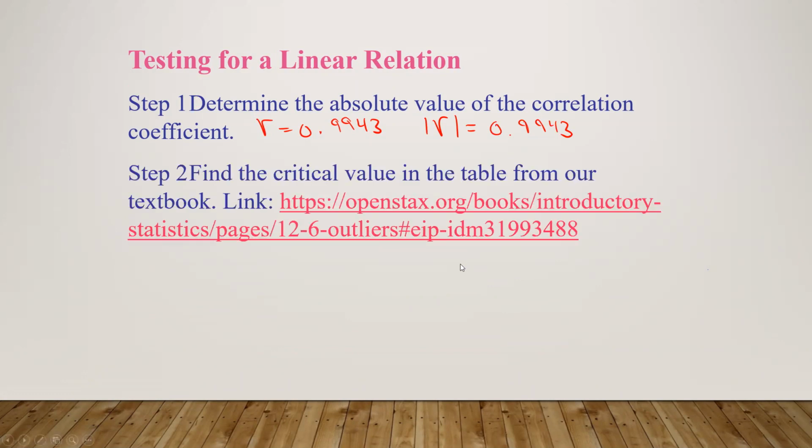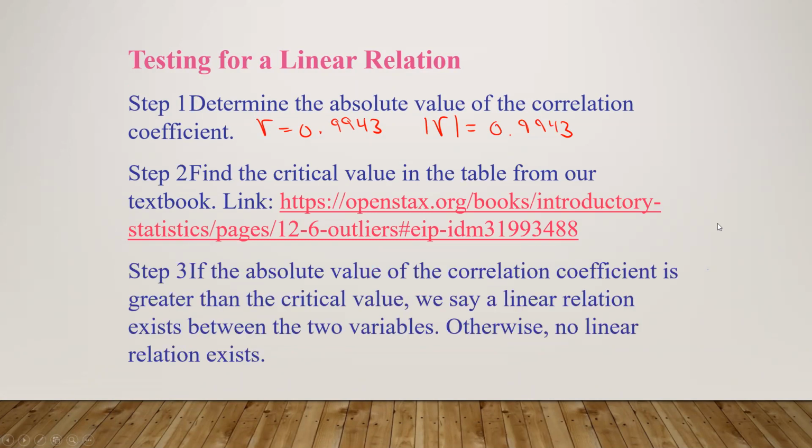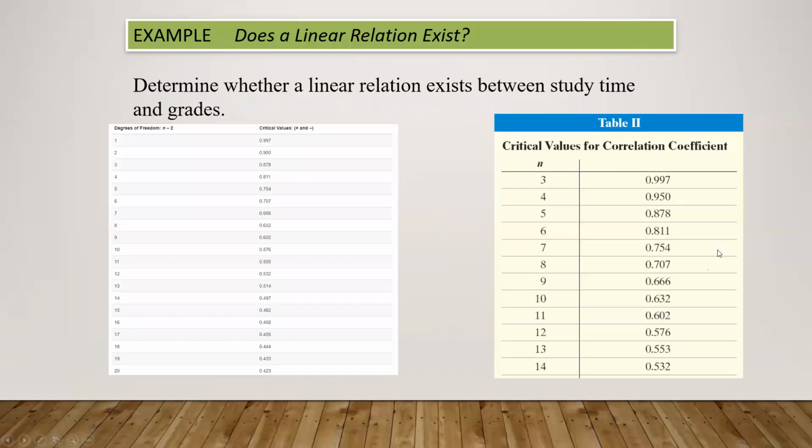The second thing you do is find the critical value in the table from our textbook. I have the link here, and another table on the next slide, and I'll show you how to do that. Then if the absolute value of the correlation coefficient is greater than the critical value, we say there's a linear relationship. Otherwise, there's not. Let me show you exactly what's going on here.